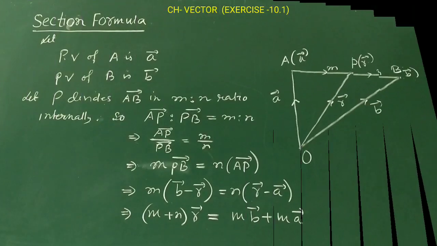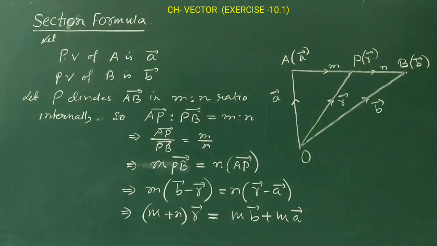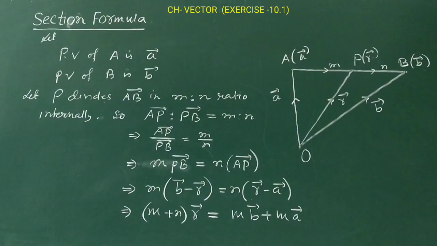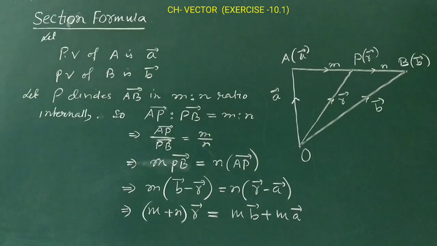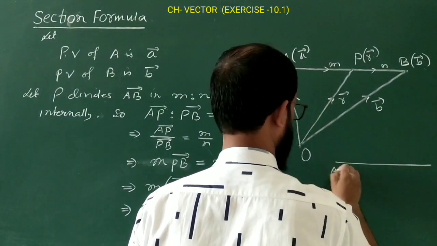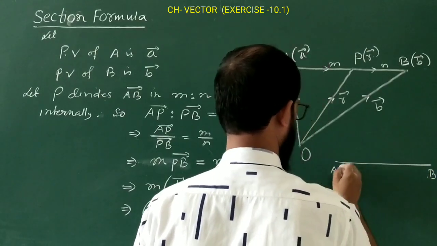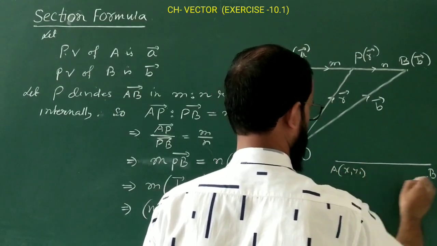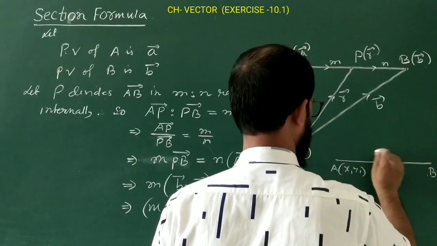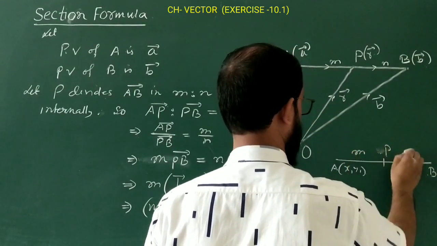That's very important. Now to discuss the section formula. This type of section formula we already discussed in class 11 in 2-dimensional geometry. Suppose AB is a line with coordinates (x1, y1) and (x2, y2), divided by a point P in the ratio m is to n.